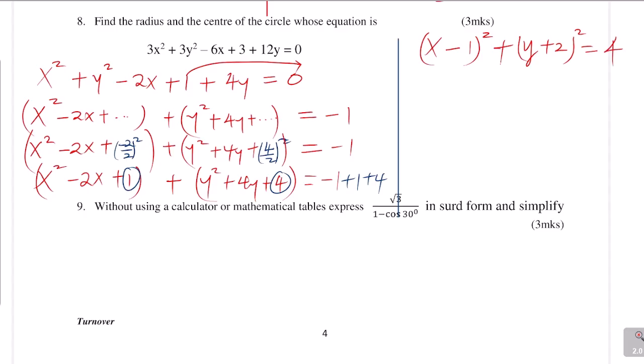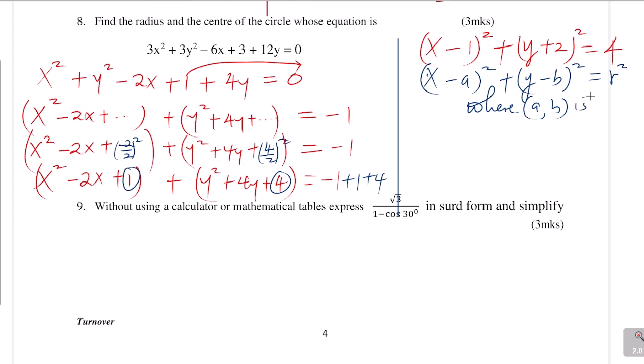When you look at this equation, it is a standard equation of a circle. The standard equation of a circle is x minus a squared plus y minus b squared equals r squared, where (a, b) is the center of the circle.